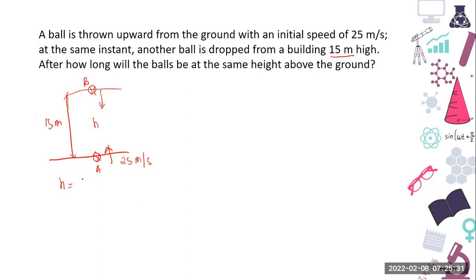So h will be for ball A. This is the height of ball A, because we assume that when we throw it upward, it would reach a certain height. And B, being thrown downward, will have a reference of 15 meters minus h. This is for ball B.